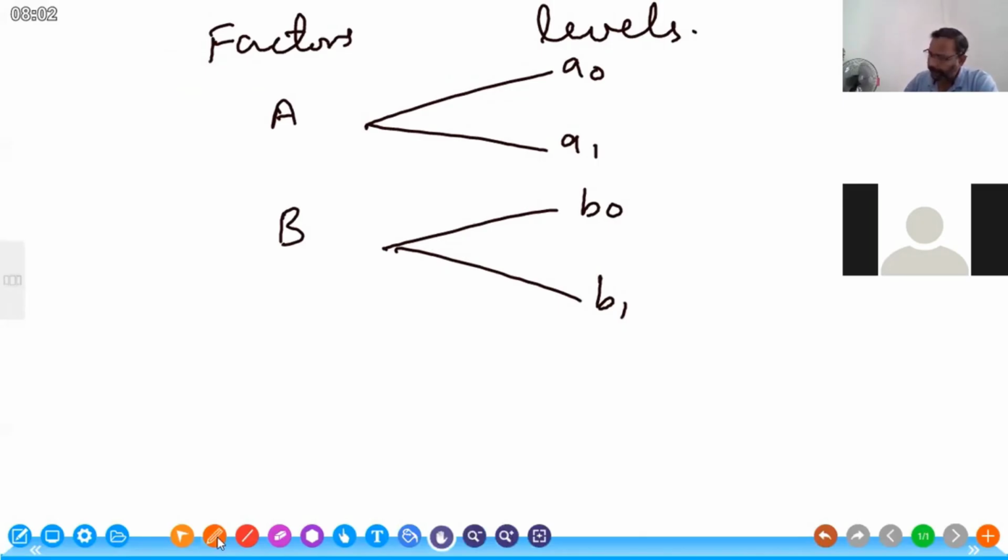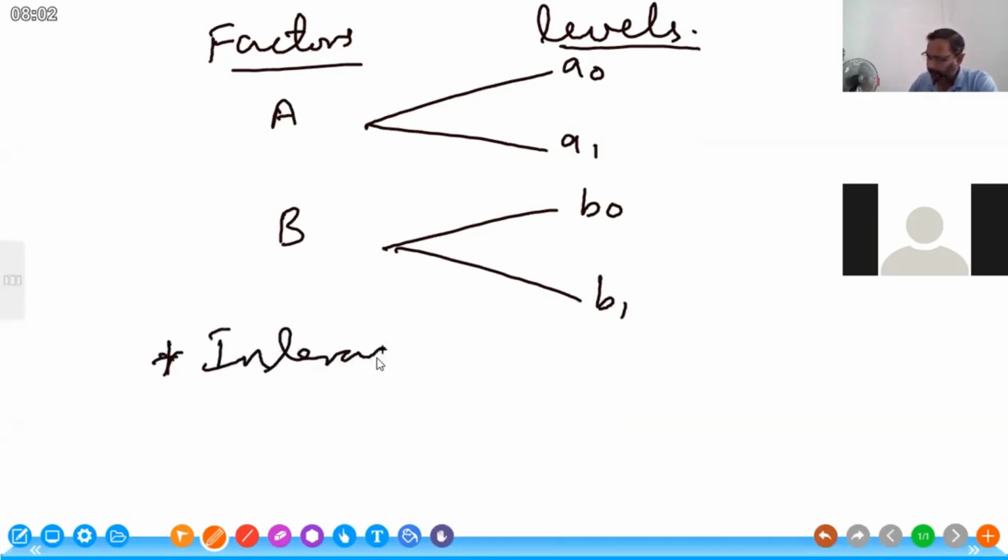The main purpose of this factorial experiment is to investigate the interactions. Last time we talked about what is interaction, the different response of the different factors to the different levels of different factors.